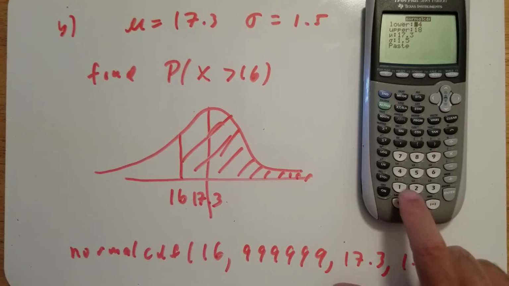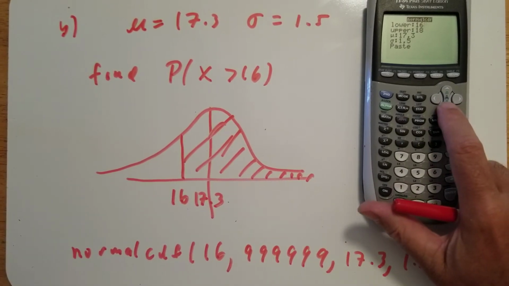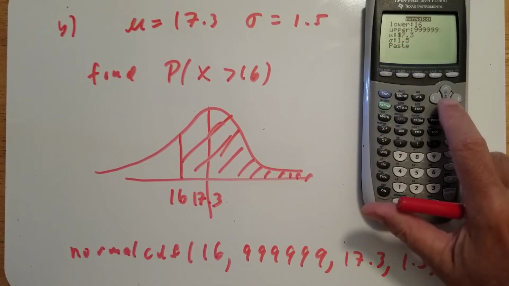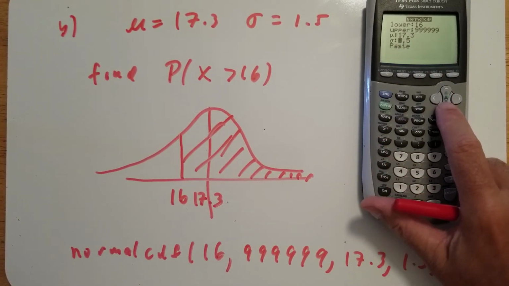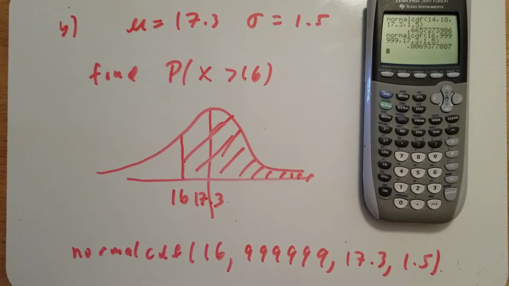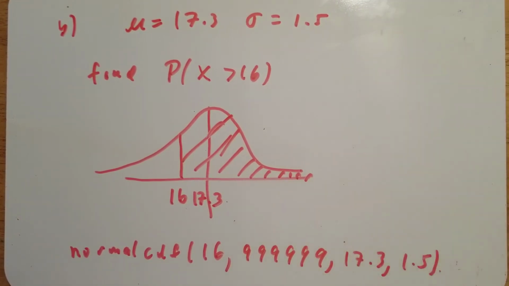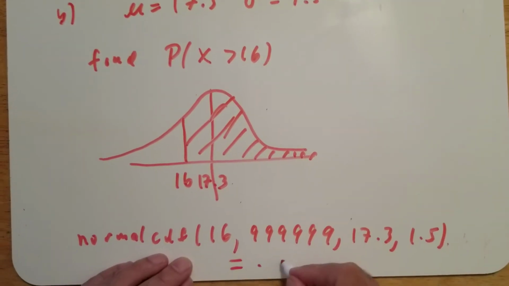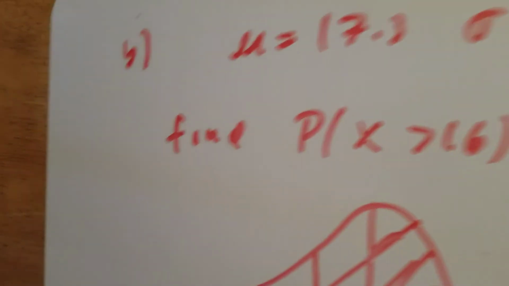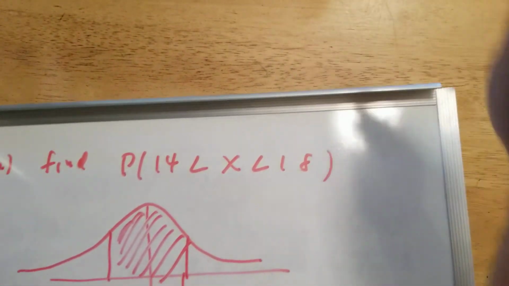The lower is 16, the upper is 999999. It's the same mean and standard deviation as what I just did. And it calculates the probability of about 0.807 to 3 decimal places.